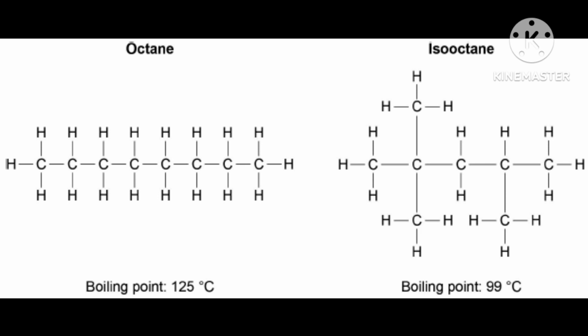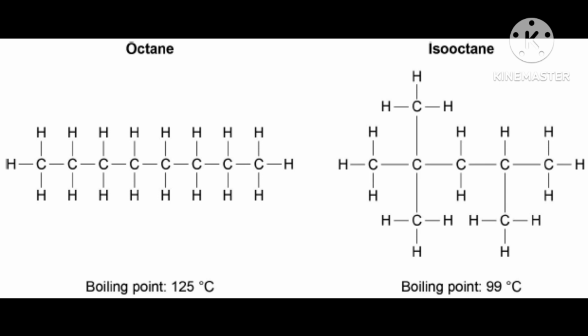That is isooctane, a branched chain hydrocarbon, and its name is 2,2,4 trimethyl pentane. It has excellent combustion characteristics.